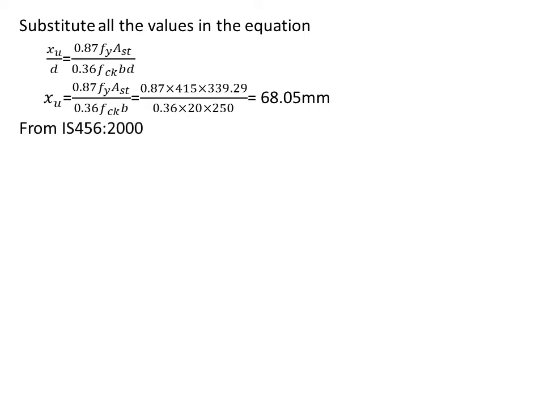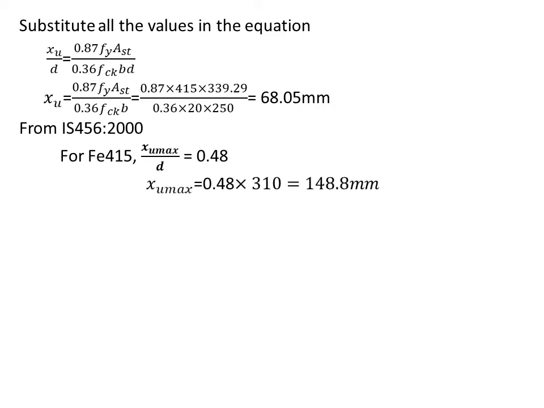So from IS code we get the value of XU max or XU limit by D, which is 0.48 for Fe415. We then multiply it with the effective depth and we get the value of XU max as 148. Hence XU is less than XU max.